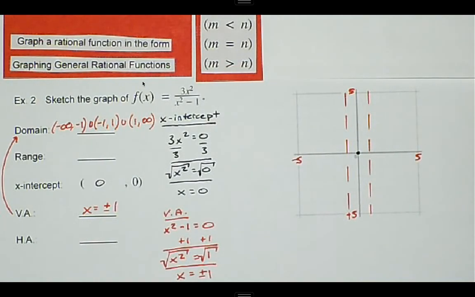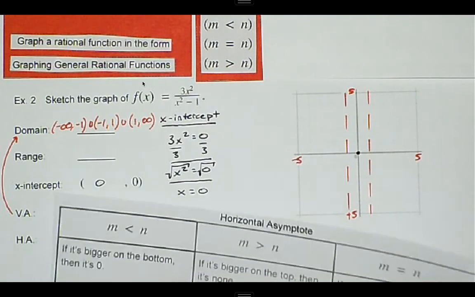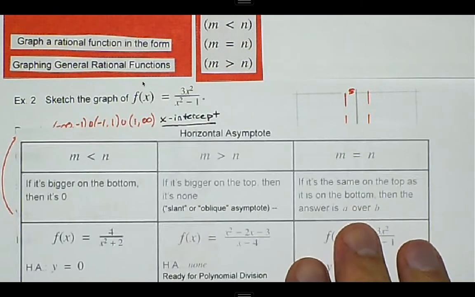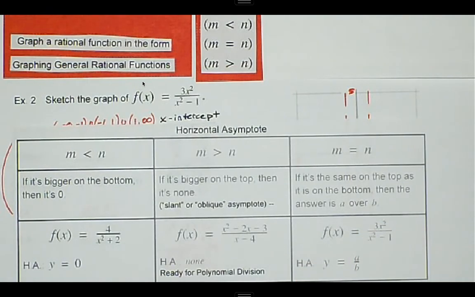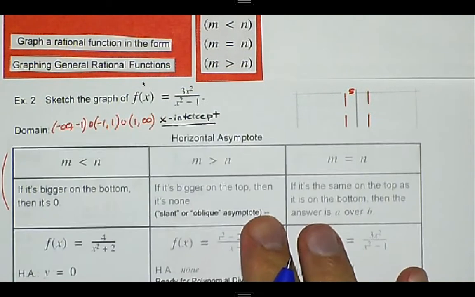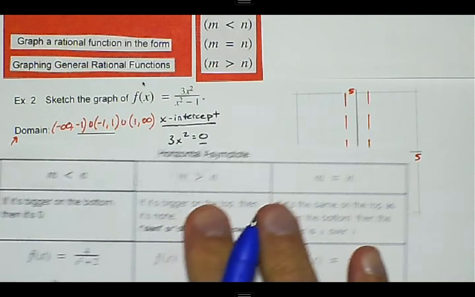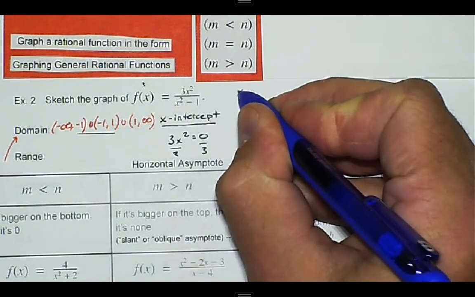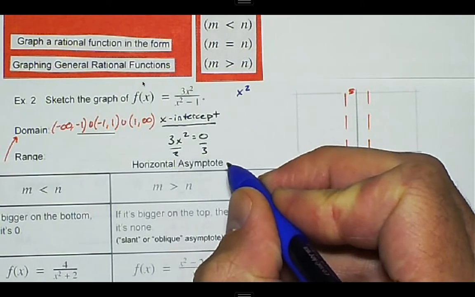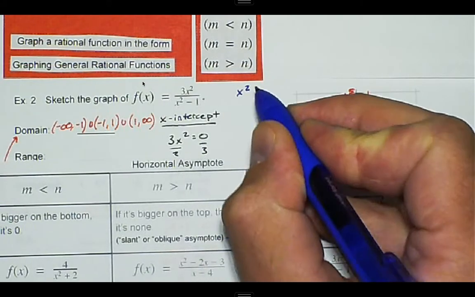The next thing that we want to look at is our horizontal asymptotes. We calculate horizontal asymptotes by paying attention to the degree of the numerator and the degree of the denominator. So in this case, our numerator has a degree of x squared, and our denominator also has a degree of x squared.